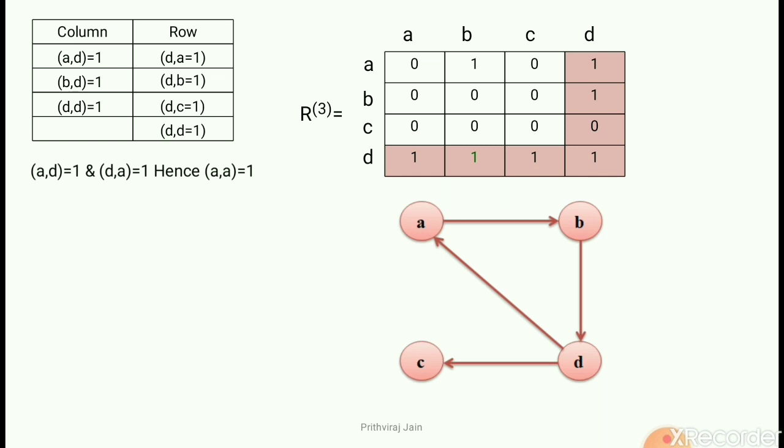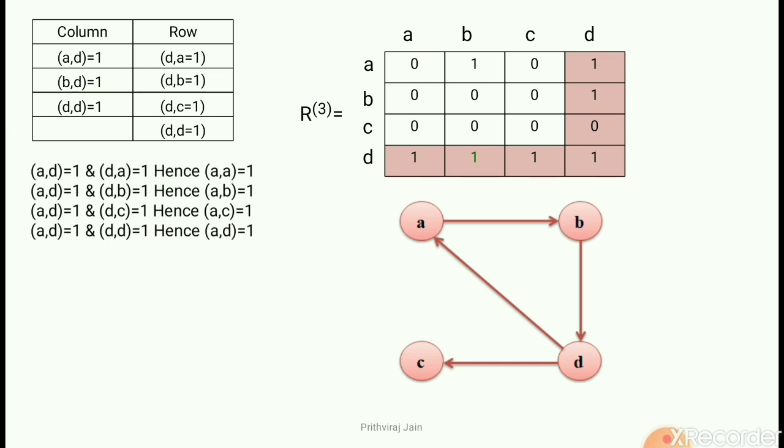A comma d equal to 1 and d comma a is equal to 1, then a comma a is equal to 1. Then for the second one, a comma d, d comma b, then there is a path from a comma b. A comma d, d comma c, hence there is a path from a to c. A comma d and d comma d, hence there is a path from a to d.